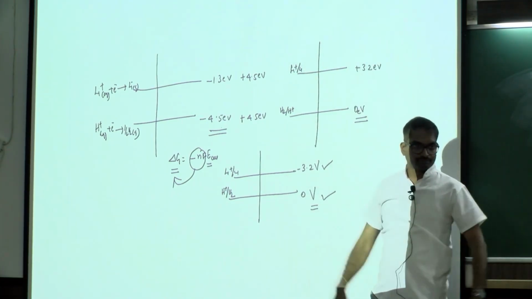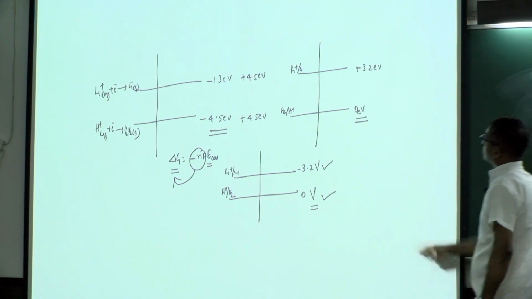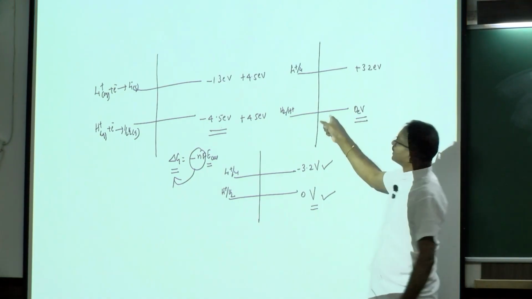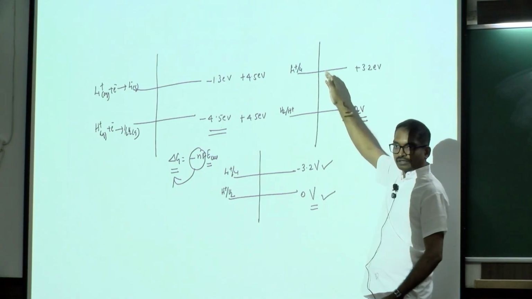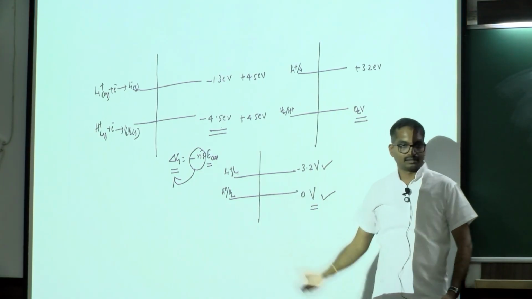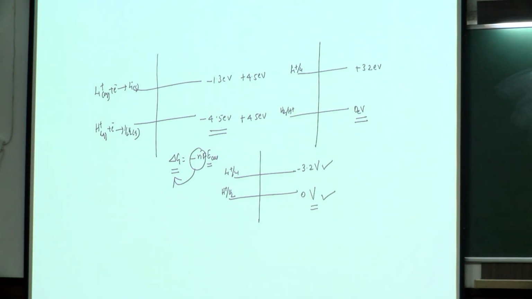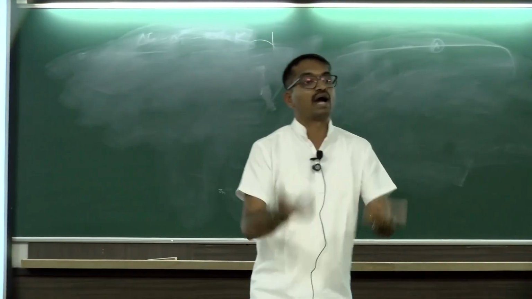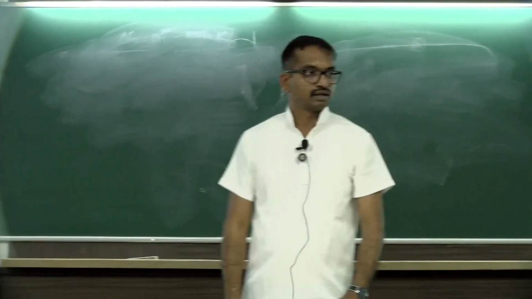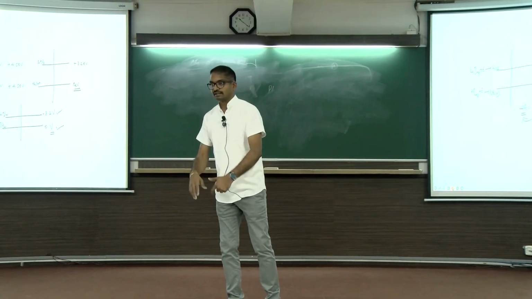Because this fellow has less work function than this guy, in the electrochemical series, if you compare these two, the most electronegative element is hydrogen, correct? Or, put differently, the most reactive metal here is lithium. So, lithium is electropositive compared to hydrogen. Which is more electropositive? Lithium is more electropositive than hydrogen.